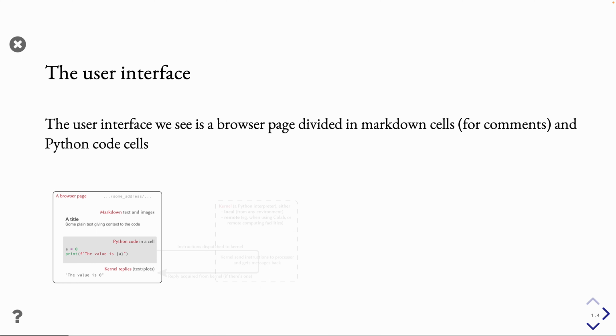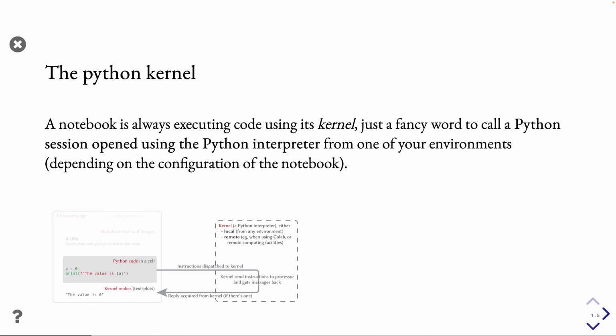And then you have some cells where you actually write Python code, and then below the cells, when you run them, you get the reply, like you get whatever the interpreter is replying to you. And the kernel is, as we mentioned, basically just an open session of the Python interpreter to which we dispatch instructions every time we run the cell. So every time we run the cell, the notebook is basically sending those lines of code to the server, to the kernel.